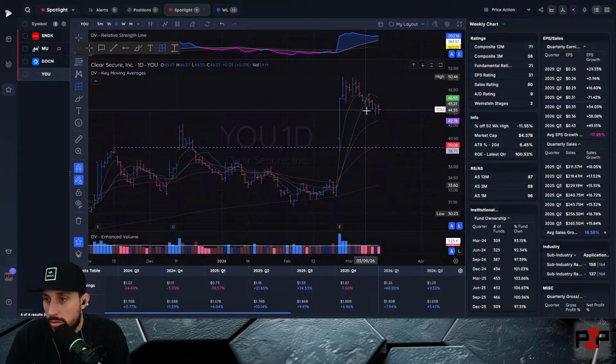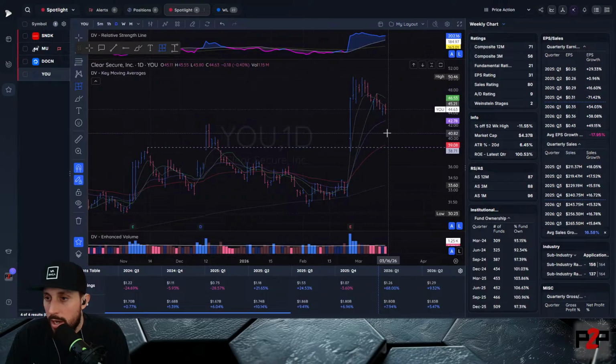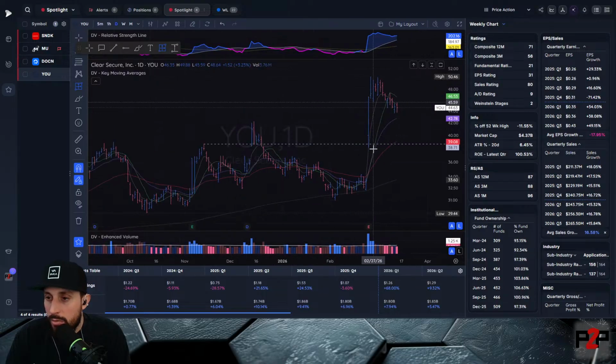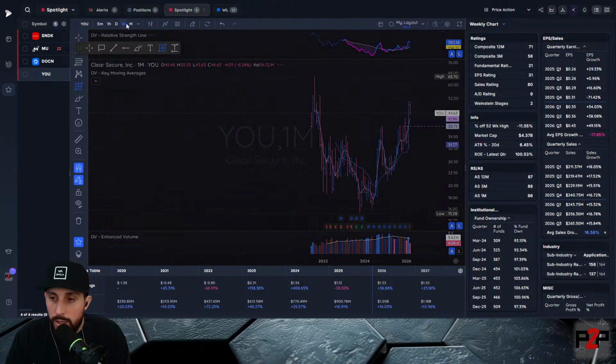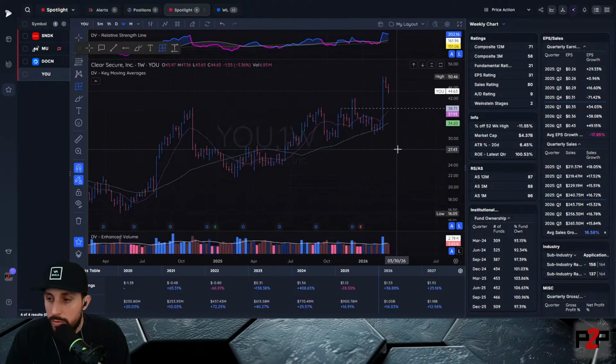This could give us a more traditional base after that gap up. But just the fact that we gapped up, we held those gaps. So far, we've held that gap low. We got above into that all-time high range, and this has been showing a ton of relative strength. So this is another one of those names I've been watching.